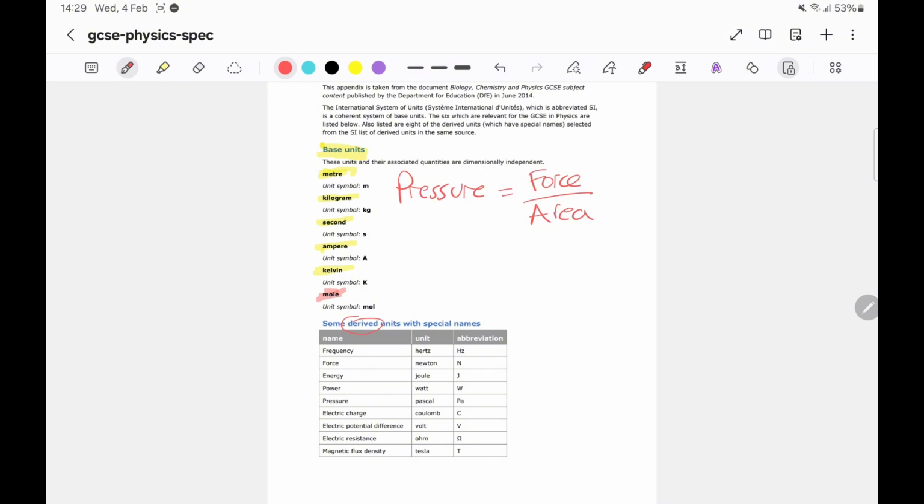Now the units we use for pressure, it's got its own unit, which is called the Pascal, which is capital PA. And if we look over here, we see that it's force divided by area. So we know force has a unit Newton, and area, well, area is length times length. So that's meter times meter, which gives us meter squared.